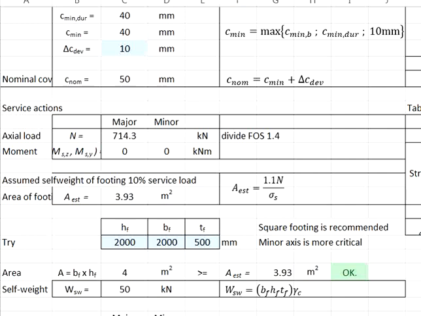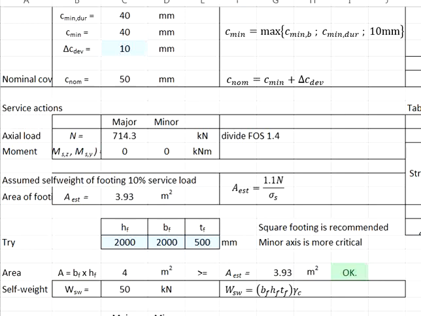Hi, let us proceed with our discussions about the design of reinforced concrete pad footing, which is subjected to axial loads only. In our previous videos, we talked about the process to determine a suitable size for the pad footing.